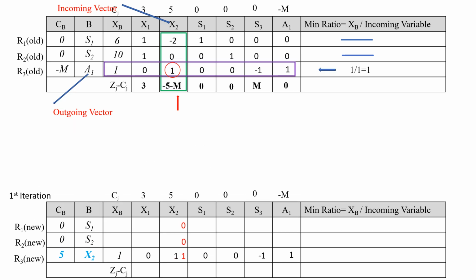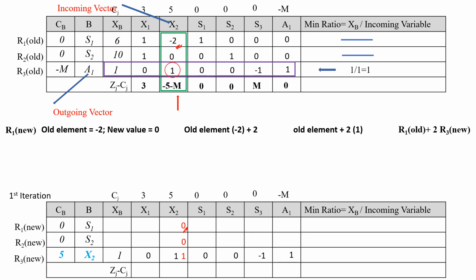Next we apply the row operation for row 1. Observe that its value in the old simplex table is minus 2 and it becomes 0 in the new simplex table. For this we apply the row operation R1 new equals R1 old plus 2 R3 new.